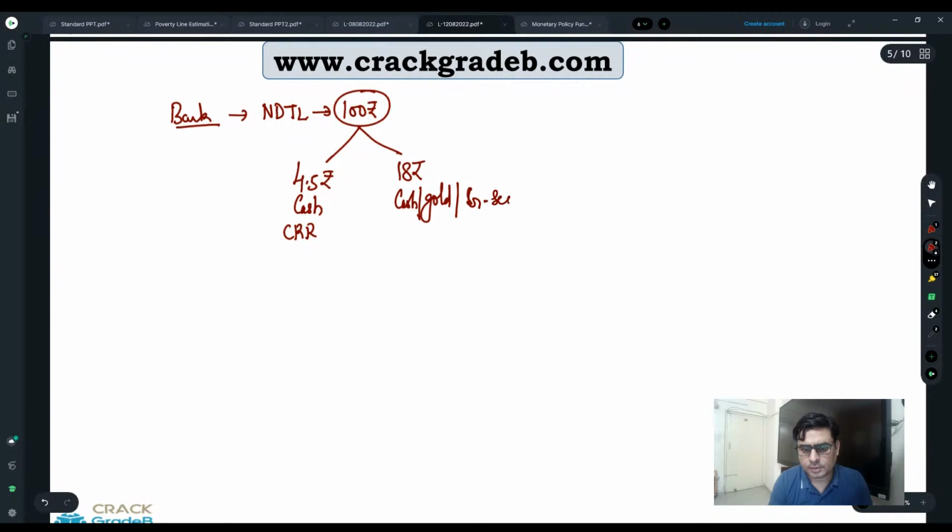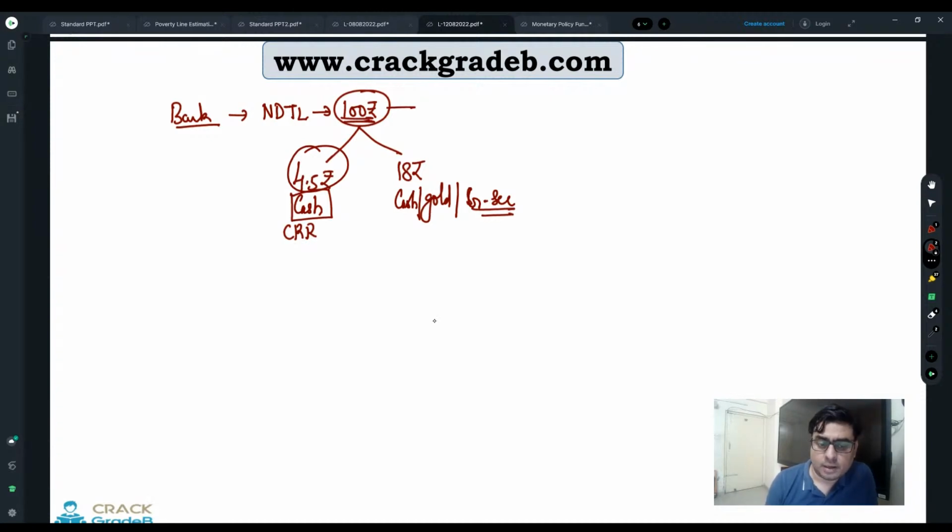whereas 18 rupees they can maintain in cash, gold, or government securities. Now, the bank already has cash of 4.5 rupees mandatorily. This 100 rupees the bank has received as deposit, on which the bank has to pay interest, and of that, 4.5 is forced by statutory law to be maintained in cash, meaning the bank is not going to get anything on this CRR, right?